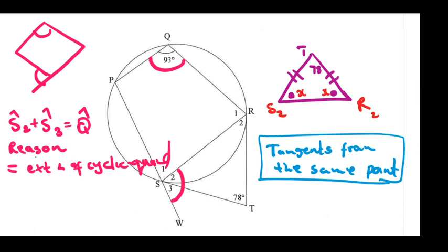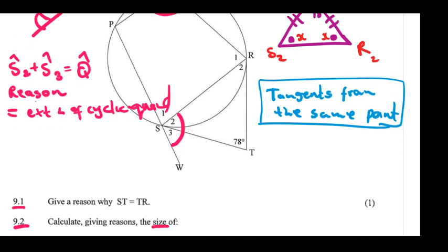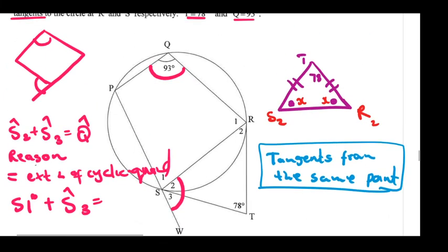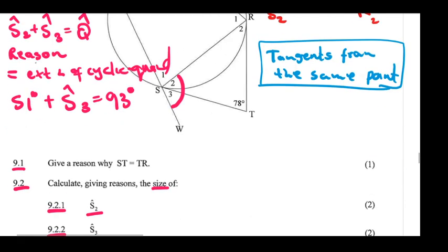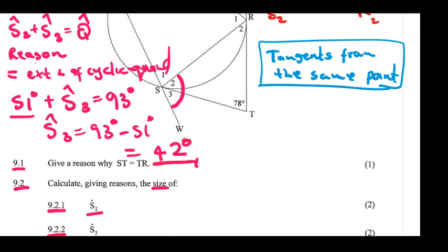We already know S2 from the previous question is 51 degrees, plus our S3 giving us angle Q, which is 93 degrees, and then we transpose this 51 to the other side. We have S3 is equal to 93 degrees minus 51 degrees. And then the final answer should be 42 degrees, right?